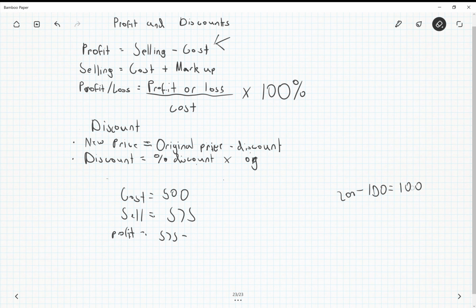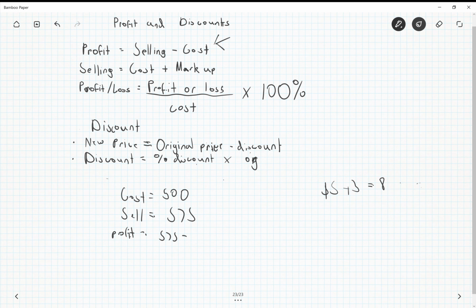Okay, so now we'll go through the markup, and a markup is essentially an amount added to the cost price to produce the selling price. So let's say my cost price of one table tennis ball was $5. I want to mark it up by $3, which makes it $8 as my selling price.